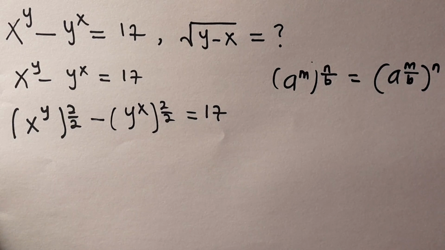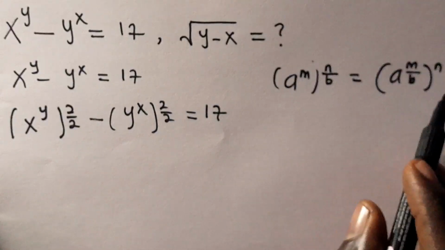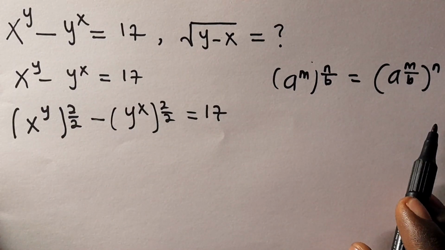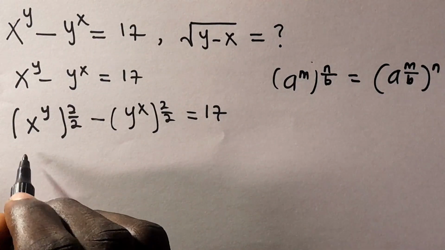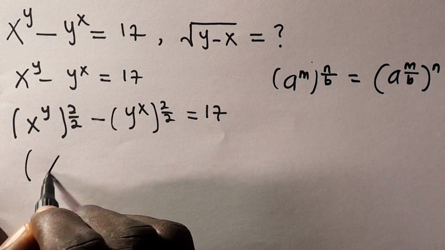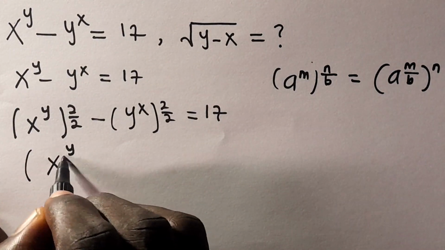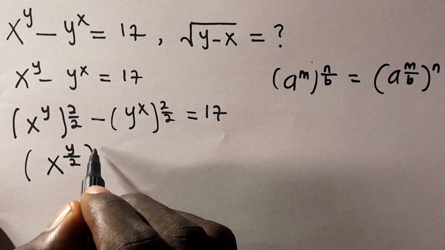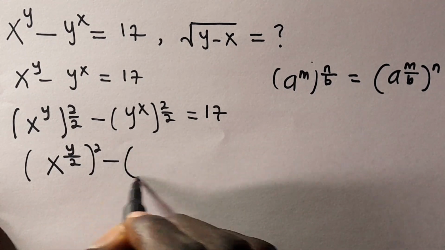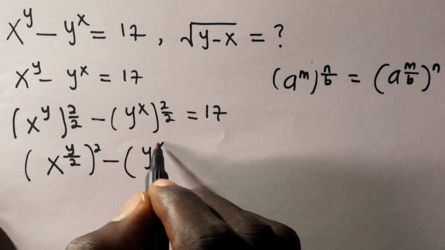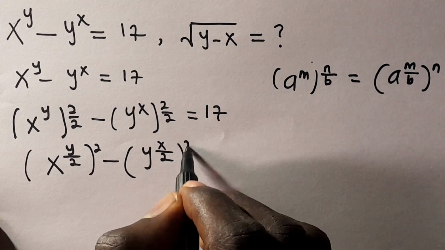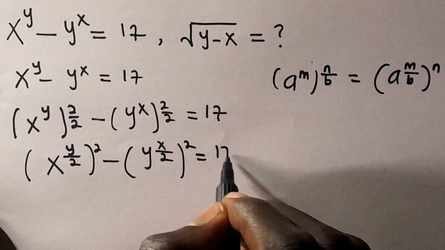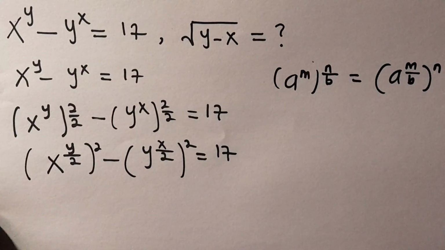We can have this one to be equals this one like this, and that is the law of indices. So from here we can have this to be equals x raised to power y divided by 2 raised to power 2 minus y raised to power x divided by 2 raised to power 2 to be equals 17.